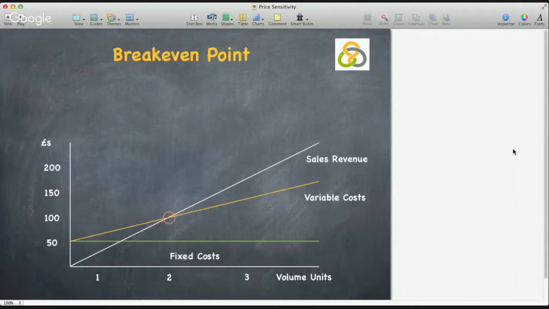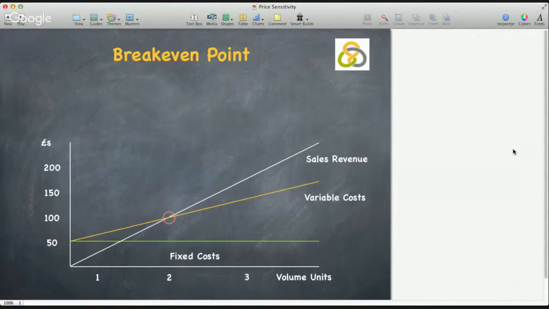So let's first look at the break-even analysis. Understanding the point where you make a profit or a loss in relation to pricing is, of course, really important. It begins with an analysis of the fixed and variable cost. Fixed costs are those that you have to pay out regardless of volume of sales. So our starting point here is £50.